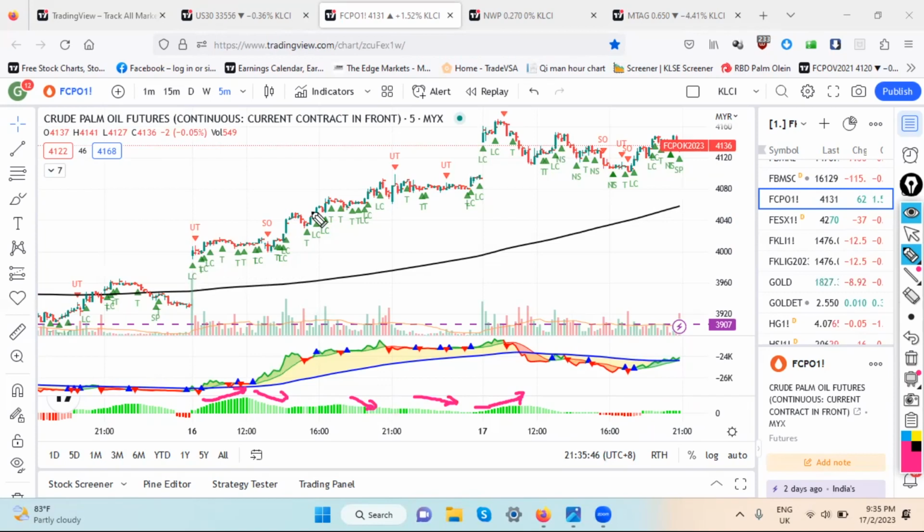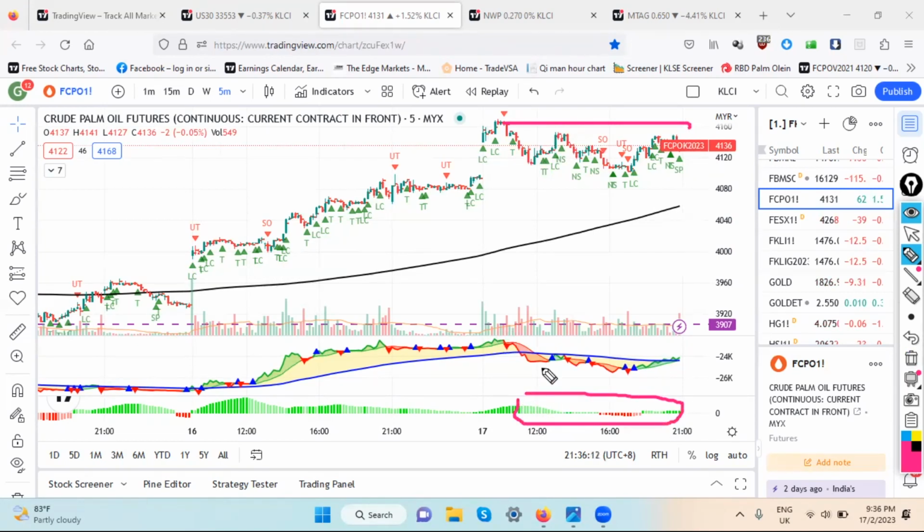In a lot of cases there will be markup, take profit, markup, take profit. It won't move like a straight line without take profit. So when you have a big take profit coming down and it drops below the momentum line, you need to be careful in this situation.